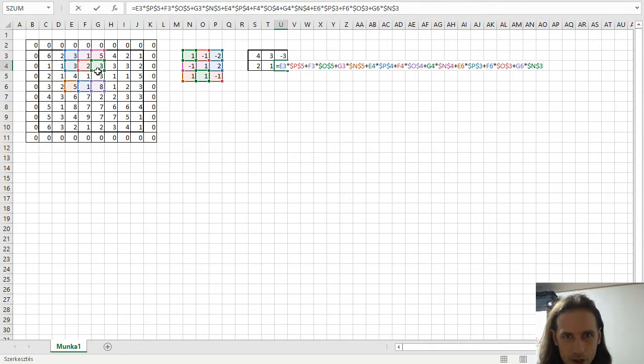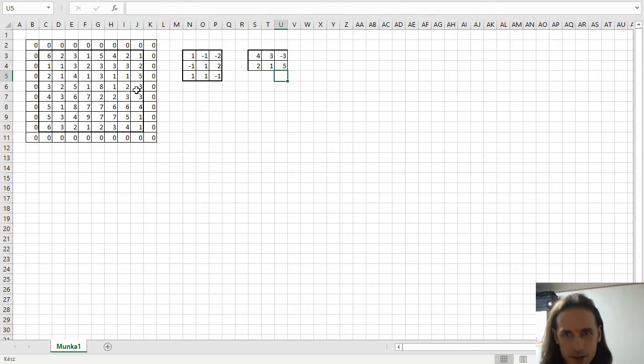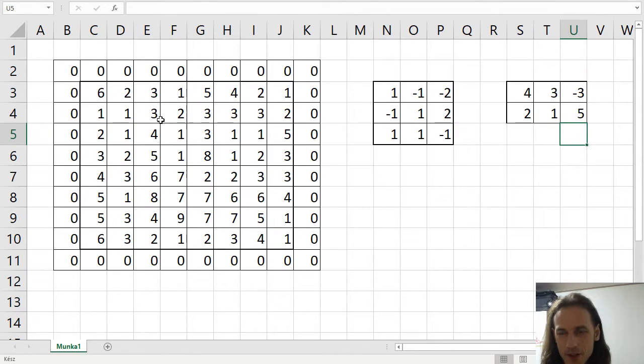I should probably have zoomed in. If you are watching on a mobile device and not on a full screen 4K TV, you may not see what I'm doing, so let me zoom in as much as I can.